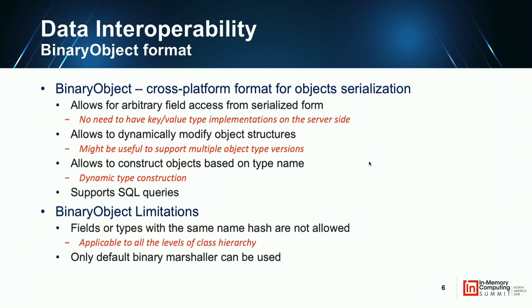It actually eliminates the requirement to have key and value type implementations on the server nodes, which is a very good benefit. It also allows modifying the structure of objects dynamically.